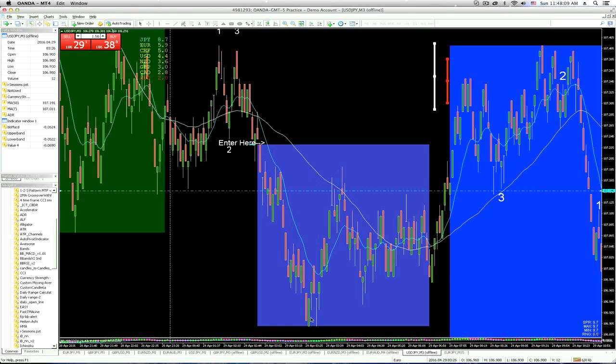Now price trades way down below here, comes up, attempts this level again, gets knocked down, and then trades below here, kind of in a range, makes another attempt up here, can't break through, and then finally does break through here, but sellers come in, take it back down, but then it does continue up here. It tries to get back down here again, and it can't because there's buyers waiting there.